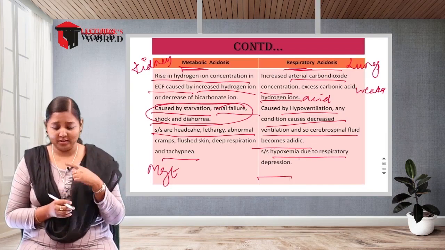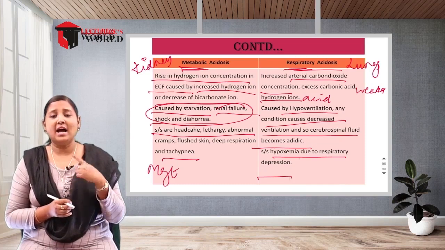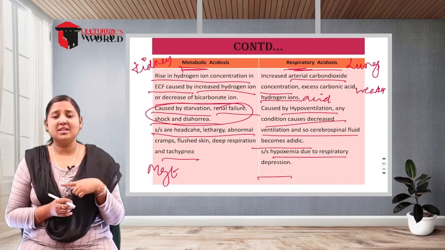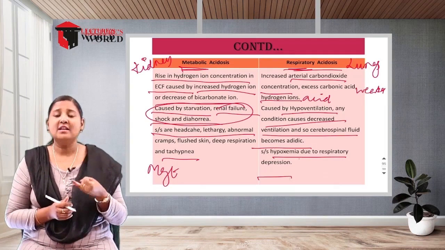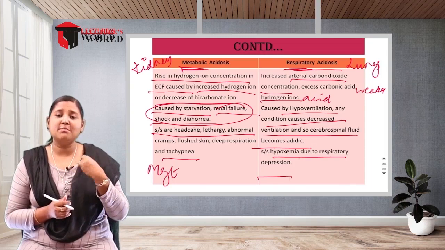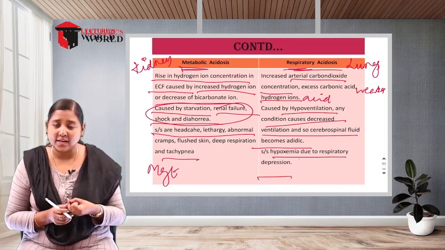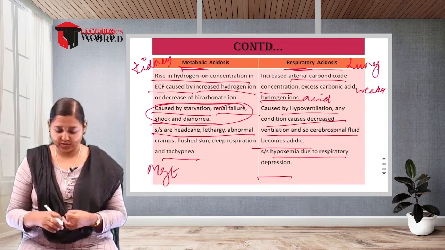Here in respiratory acidosis, the arterial gas will consist of more carbon dioxide, and because of that carbonic acid and hydrogen ions are increased. The lungs have failed, so it is not exhaled outside, and thereby respiratory acidosis.